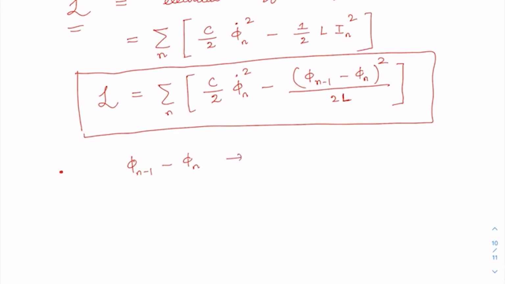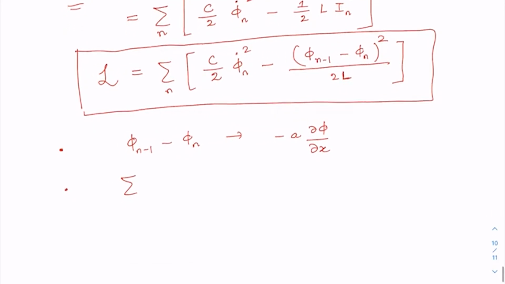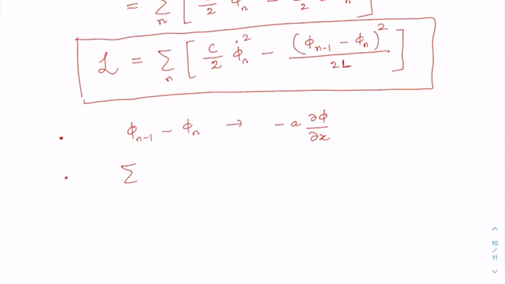A spatial derivative, when we go to the continuum domain, this kind of thing we discussed already, would be ∂φ/∂x, and this sum I have to convert to an integral. In fact, if you observe the transmission line carefully, the spacing between the nodes is a.